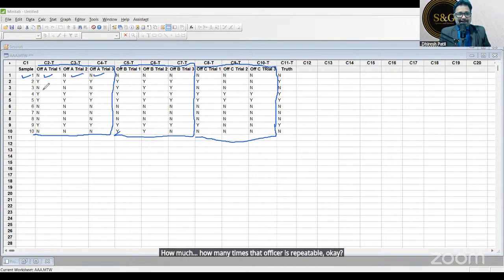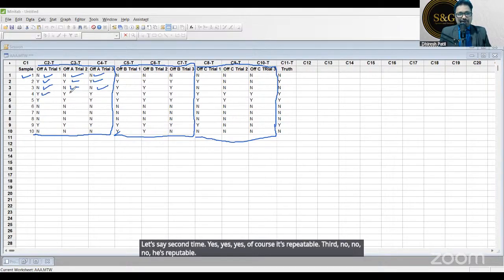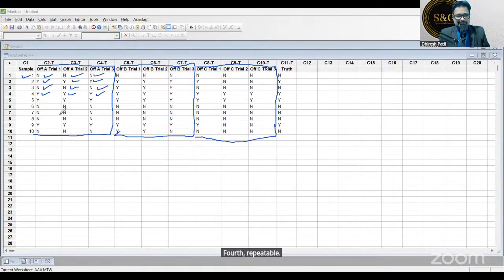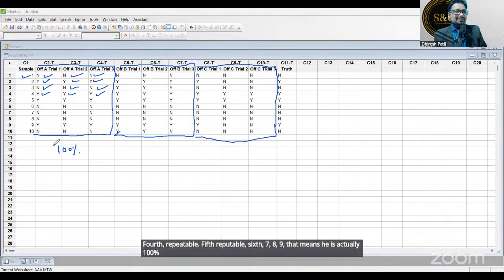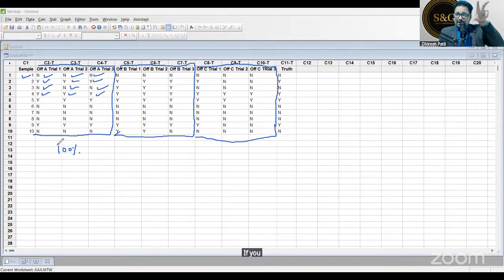The second time: yes, yes, yes, of course repeatable. Third: no, no, no, repeatable. Fourth, fifth, six, seven, eight, nine: repeatable. That means officer A is actually 100% repeatable.